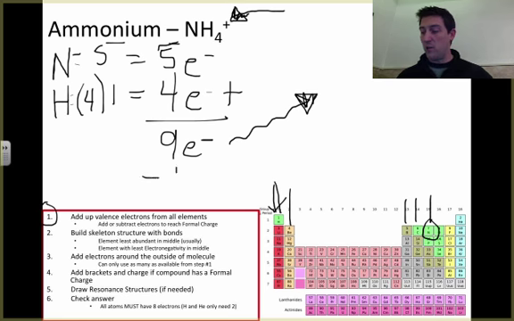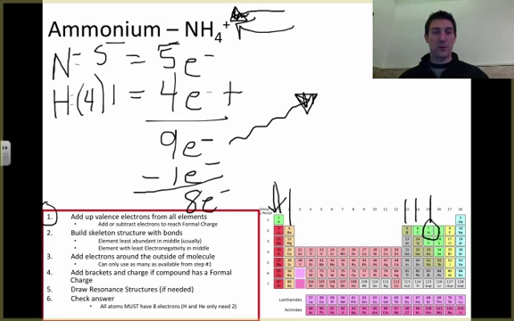So I need to get rid of one of my electrons to account for this positive up here. Okay? And that means I only have 8 electrons to build my structure with. Again, this is really important. Right here, because of this overall positive charge, I had to get rid of an electron. We'll look at what happens if that's a negative charge in just a minute.